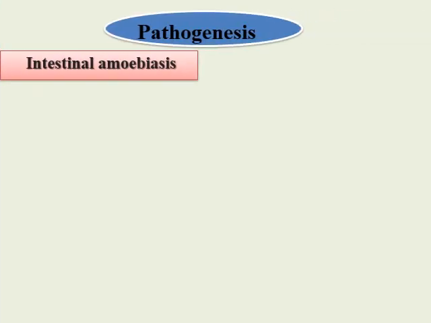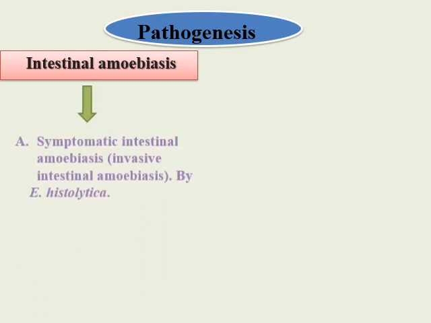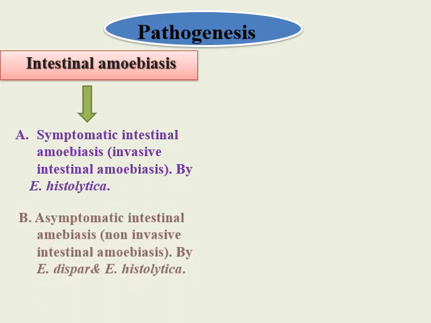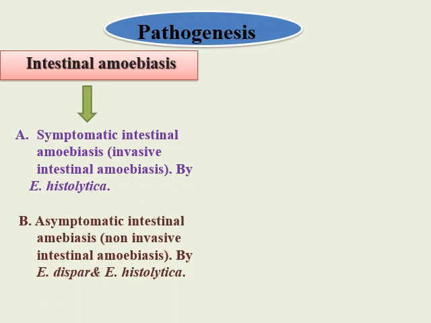Pathogenesis of Entamoeba histolytica is divided into intestinal amoebiasis and extra-intestinal amoebiasis. For intestinal amoebiasis, we have symptomatic intestinal amoebiasis caused by the invasive strain of Entamoeba histolytica, and we have asymptomatic, non-invasive intestinal amoebiasis caused by Entamoeba dispar and some strains of Entamoeba histolytica.